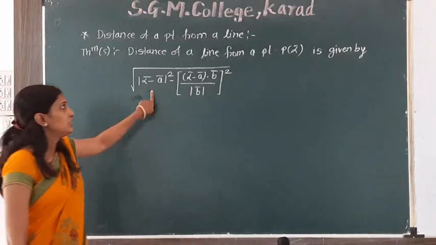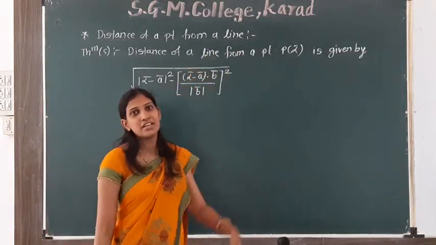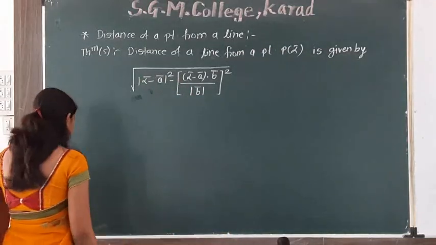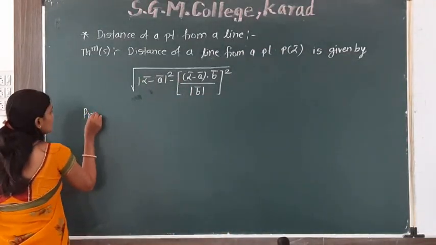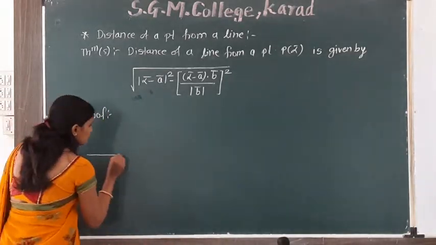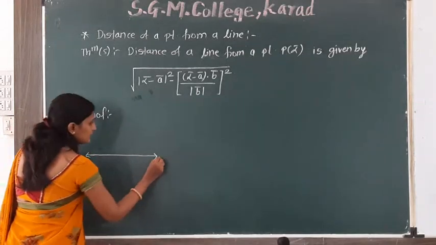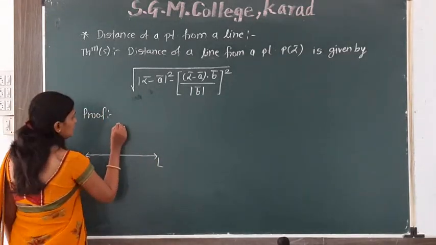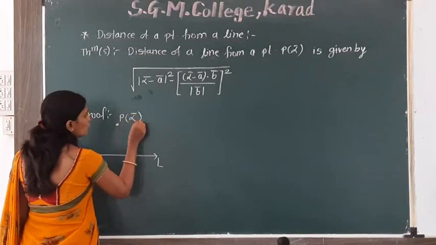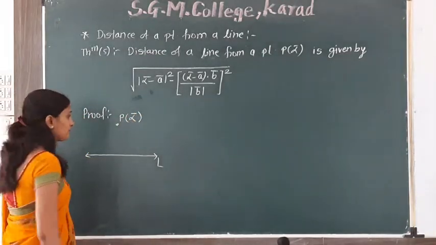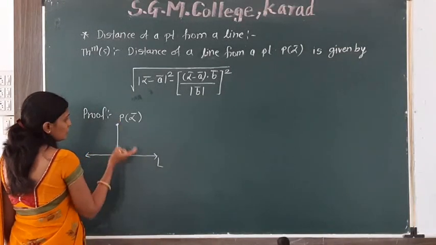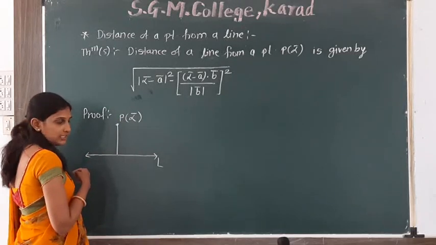A point is given and the line is r bar is equal to a bar plus lambda b bar. So its proof: suppose this is a line L, and this is a point P whose position vector from the origin is alpha bar. We have to find the distance of the line from the point, right?